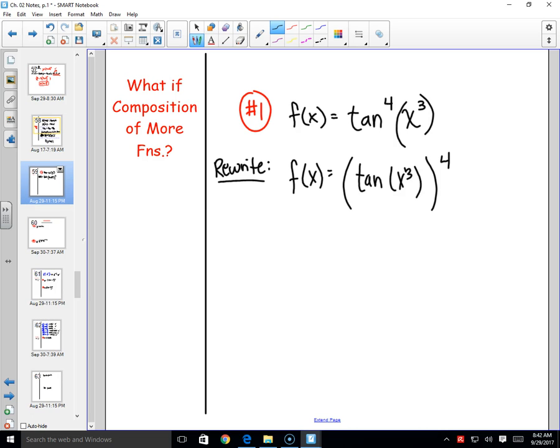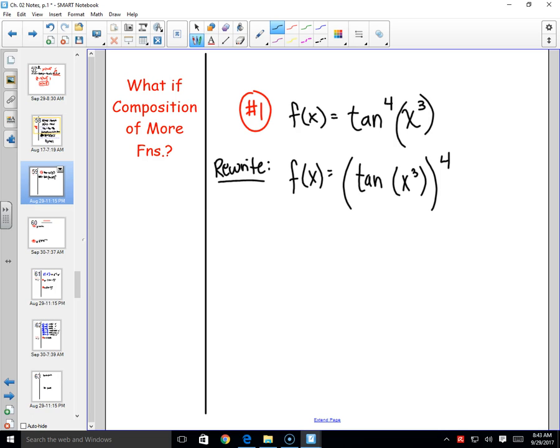Why do I write it like that? It's so much easier to see the outer. So when you see tangent to the fourth of x cubed, the very first thing I need you to do is rewrite it as the trig of the argument all to the power.